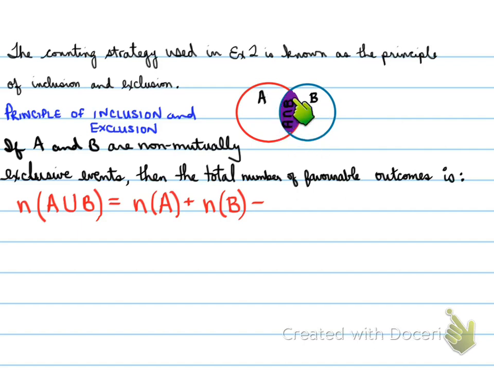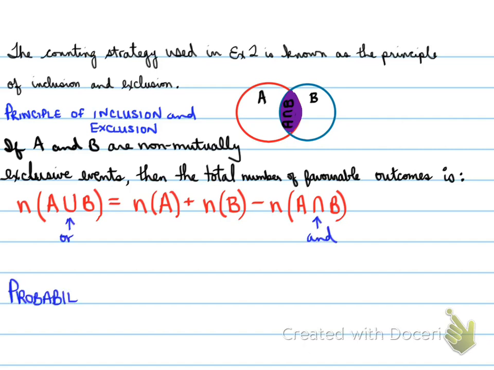So notice that A and B has a certain number in B, has a certain number in A, but the number that was doubled is the A and B, the stuff that fits in both parts. So you must subtract the number of A and B in order for this problem to work.